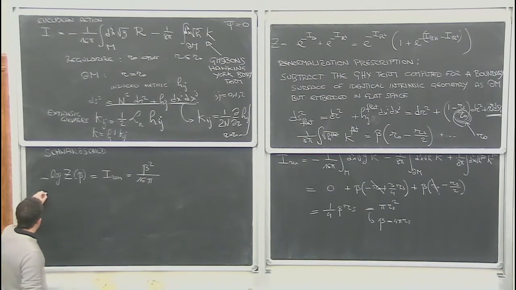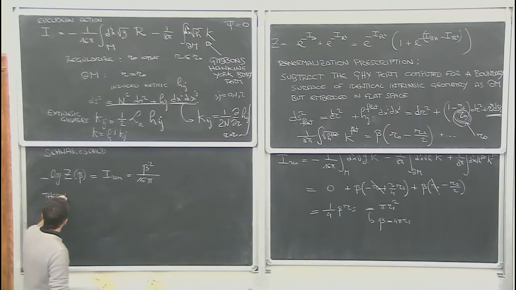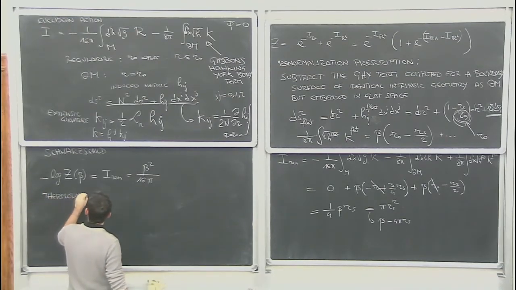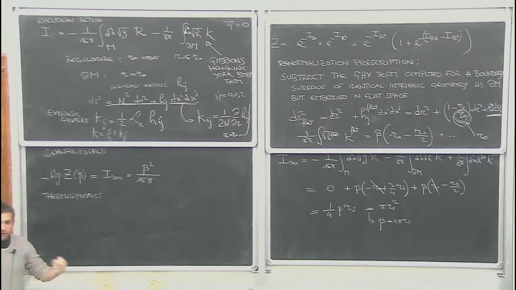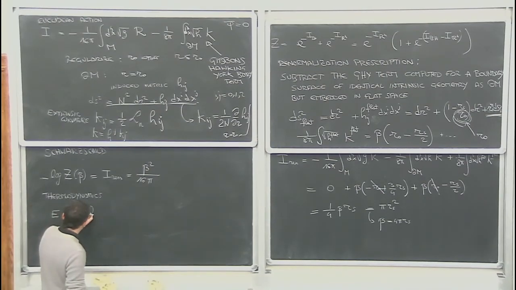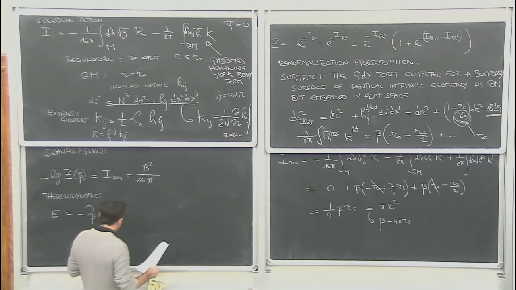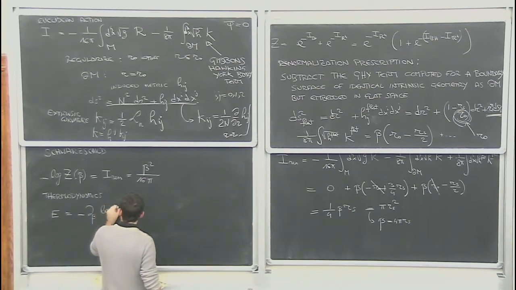Now we do thermodynamics. We know we can interpret this as a system at finite temperature, and we apply what we know from thermodynamics. That is that the energy is minus the derivative with respect to beta, the inverse temperature, of the logarithm of the partition function.